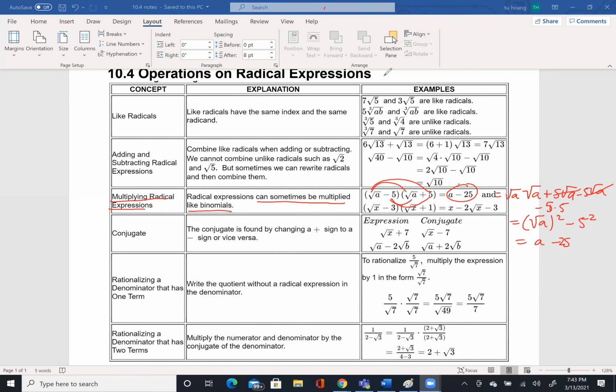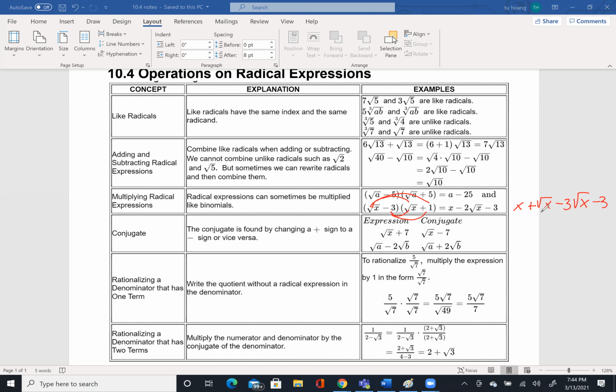Okay, and the second one has square root of x minus 3 multiplied by square root of x plus 1. So you can also do square root of x times square root of x, which gives you x, and then square root of x times 1 becomes square root of x, and negative 3 times square root of x is negative 3 square root of x, and then negative 3 times 1 becomes negative 3.